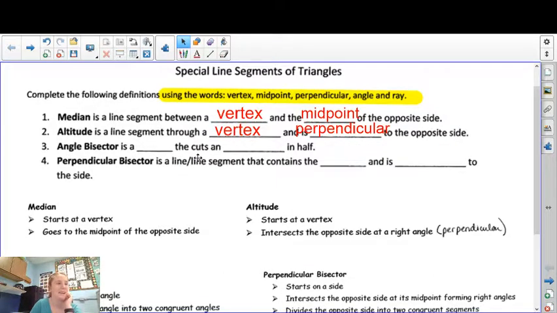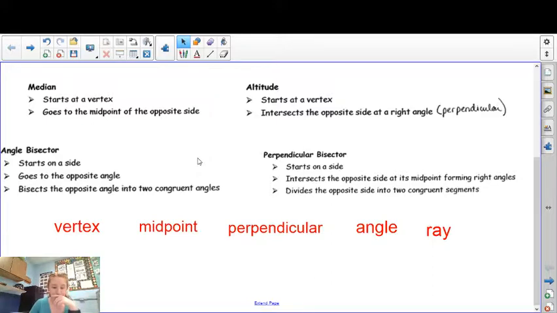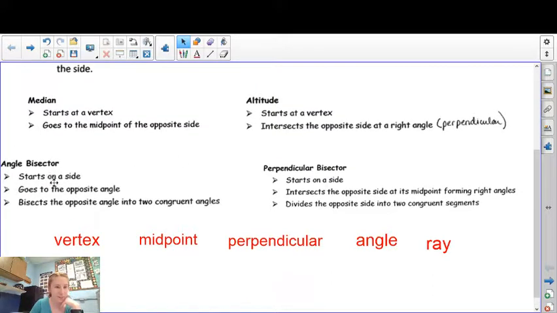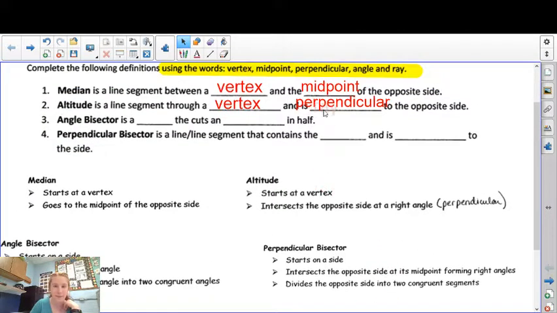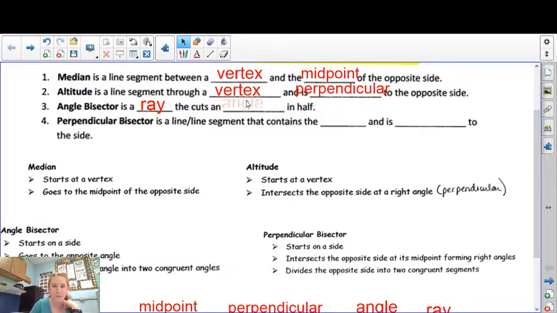It's really hard to say "an" in front of the word blank. So an angle bisector starts on a side, goes to the opposite angle, and bisects the opposite angle into two congruent angles. Well, it's a ray because it's kind of like a line, but it's not a full line. And it cuts an angle in half.